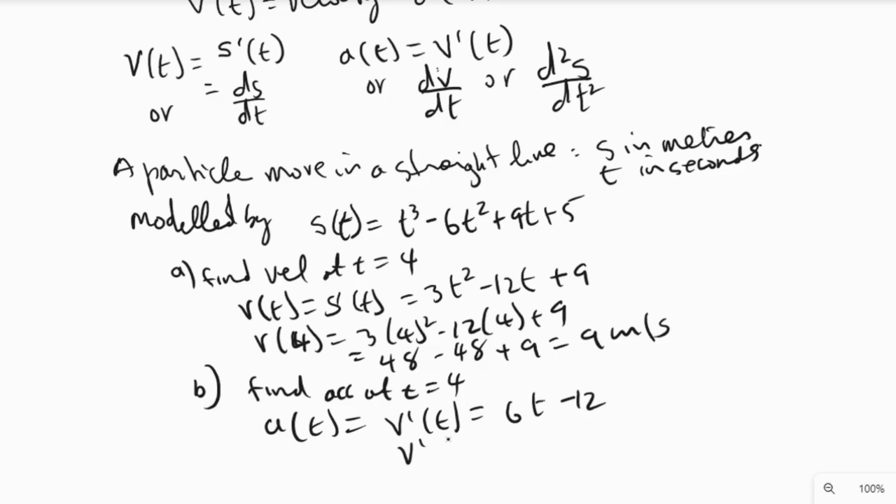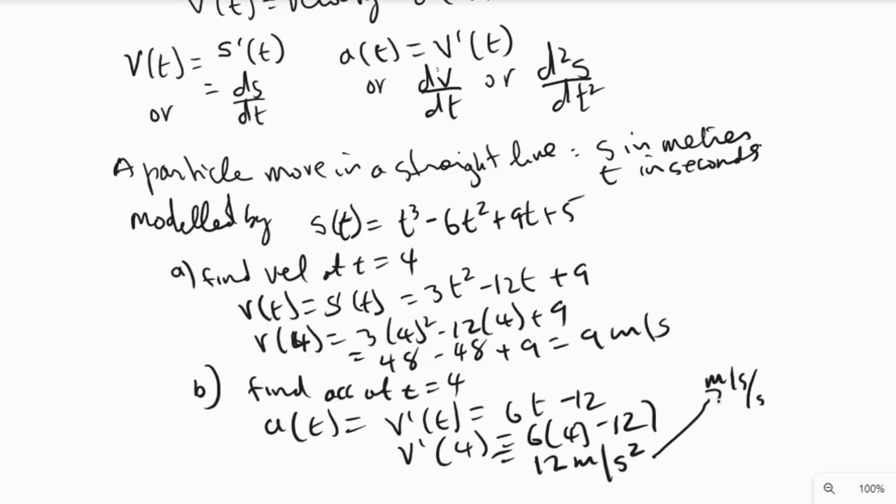Therefore, v prime at 4 is 6 times 4 minus 12, which is 24 minus 12, which is 12 meters per second squared, because acceleration is meters per second, per second, which is meters per second squared.